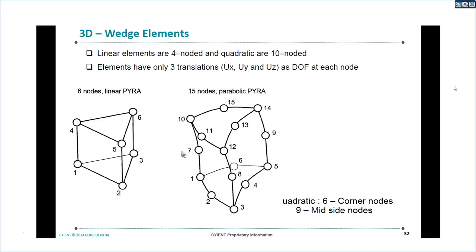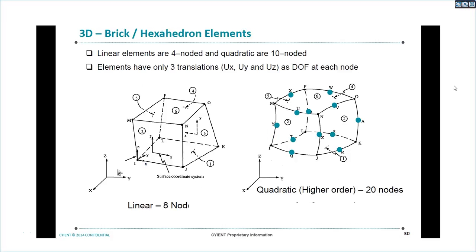Coming to 3D wedge elements, there are some typos and mistakes on the slide. For the 3D brick element, we have eight nodes, which are linear, and we have 20 nodes.